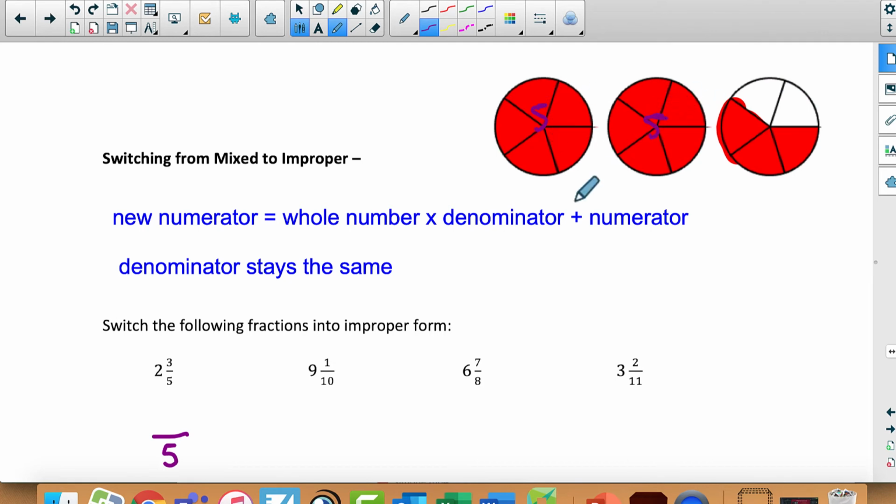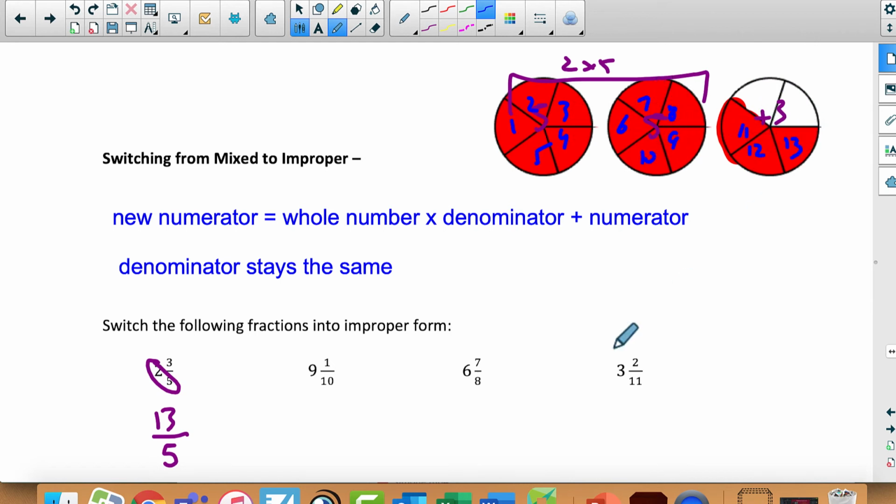I know there's 5 here because it's in fifths. So I go 2 times 5 to get this amount right here, and then add on the 3 that are right there. Or if you look at it here, 2 times 5, multiply those together, 2 times 5 is 10, plus 3 is 13. Don't believe me? Count them out. 1, 2, 3, 4, 5, 6, 7, 8, 9, 10, 11, 12, 13. Okay, so it's a fast way of doing this.